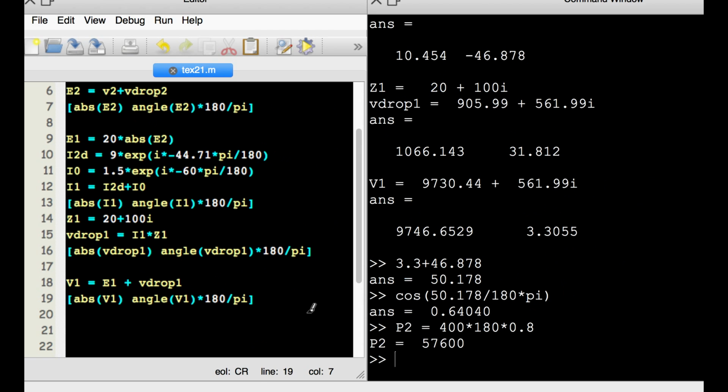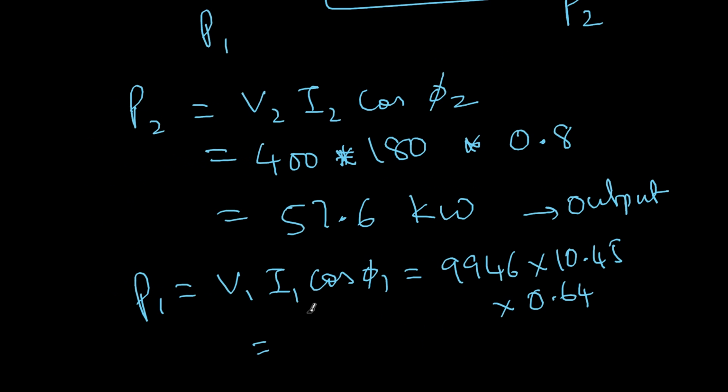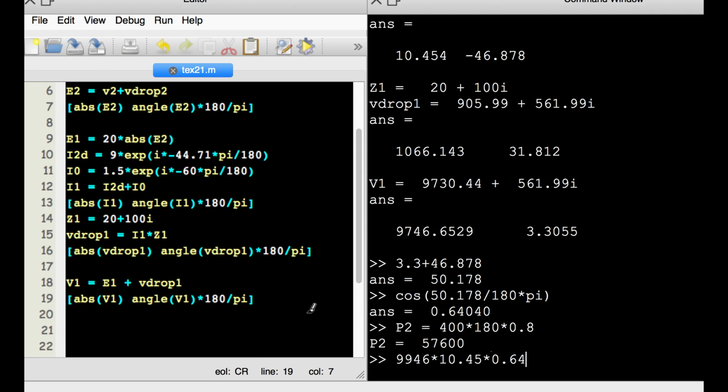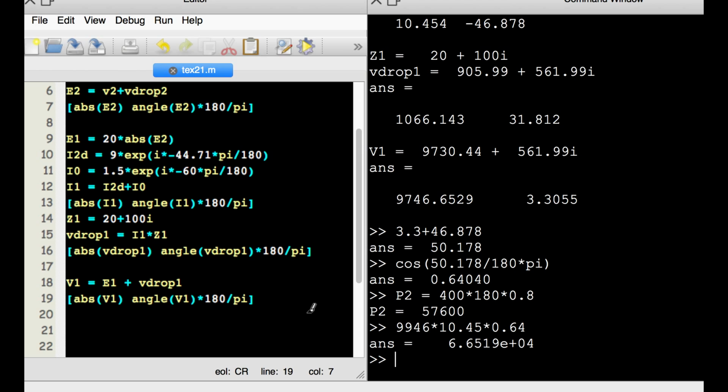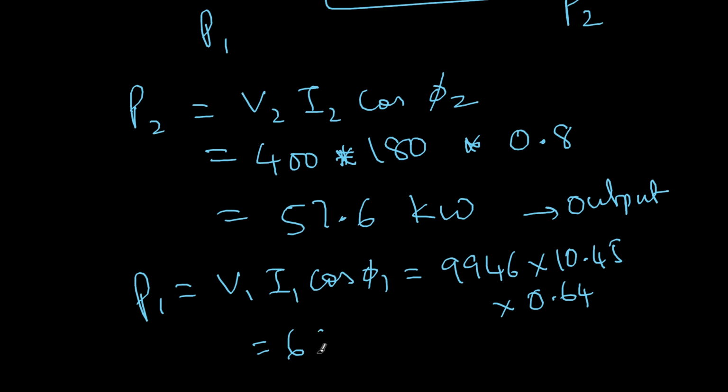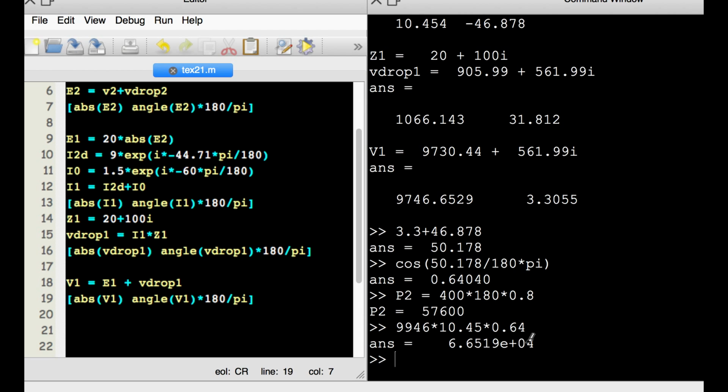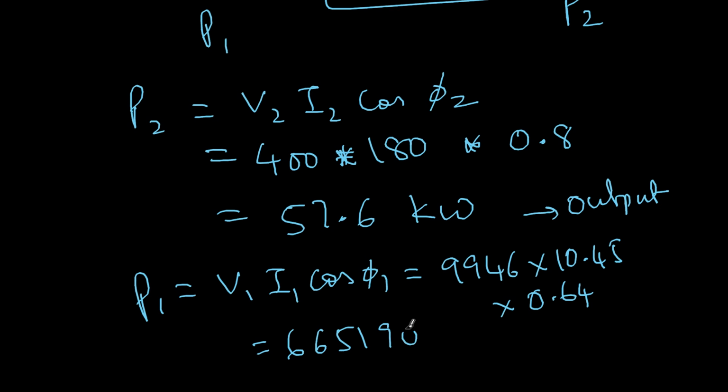9746 multiplied by 10.45 multiplied by 0.64. So I'm getting 66519. So be careful with the units. So this is 66.519 kilowatts.